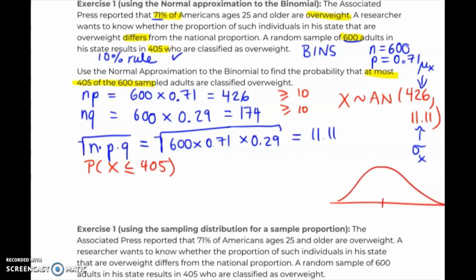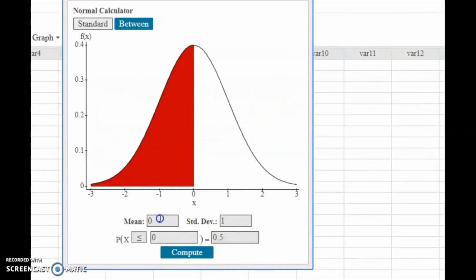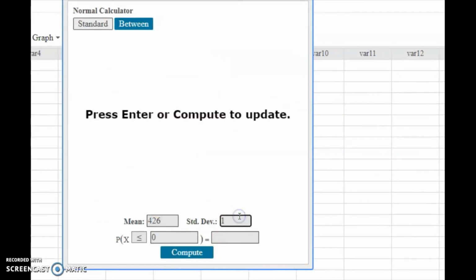Our binomial distribution over here is centered at 426. 405 is going to be over to the left, and less than means we're shading to the left. So we're going to go over to StatCrunch and enter both our mean and our standard deviation, and we're going to look at this area. So looking at Stat, Calculators, Normal, putting in our mean of 426, our standard deviation of 11.11, looking at an area to the left of 405, and remember with the normal, we just have either to the left or to the right.